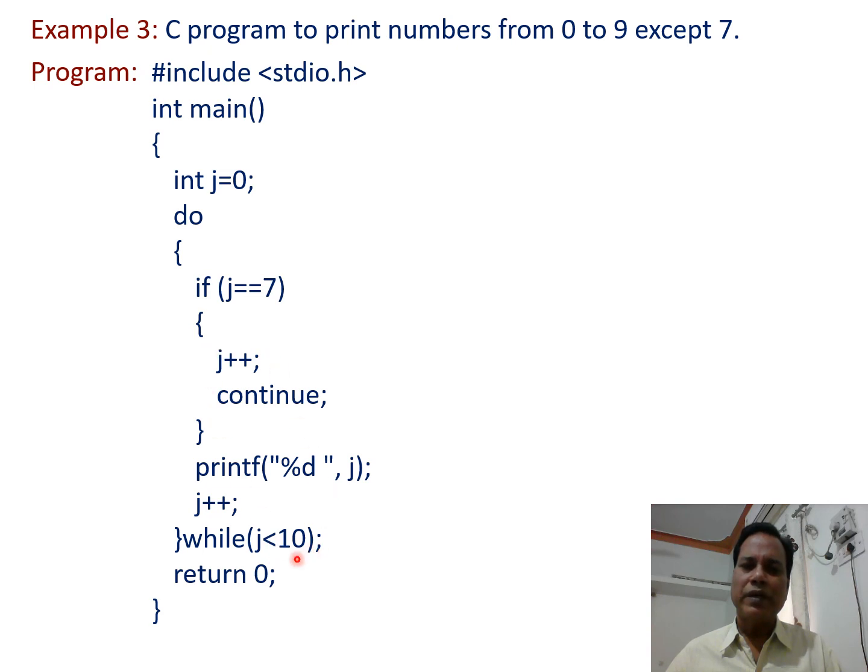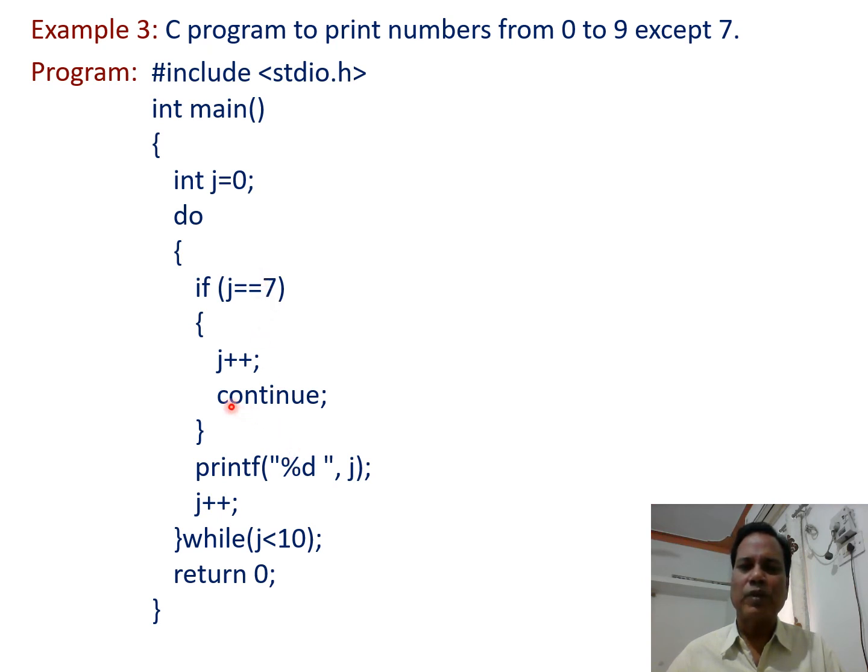So when the value of j is not printed but its value is incremented, its value becomes now 8. The condition is true. When control goes inside the body of the do while loop, the condition in the if statement, if j equal to 7, is false.